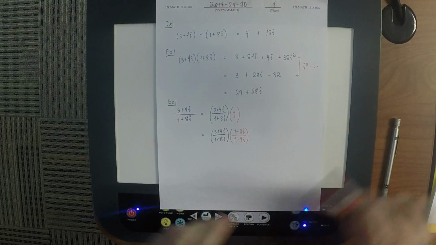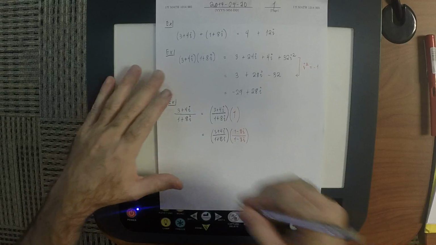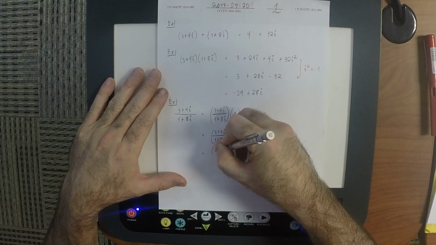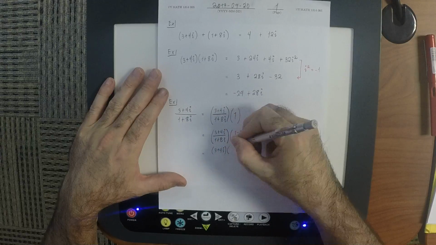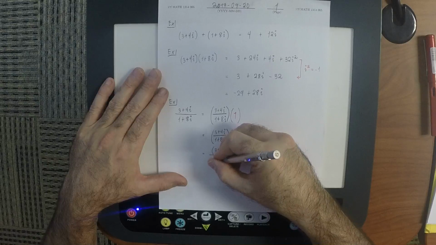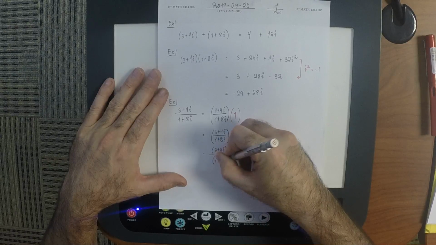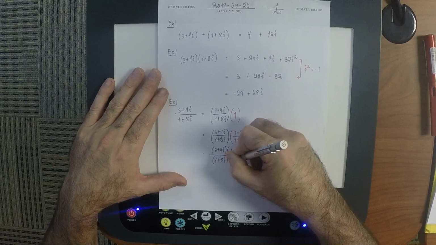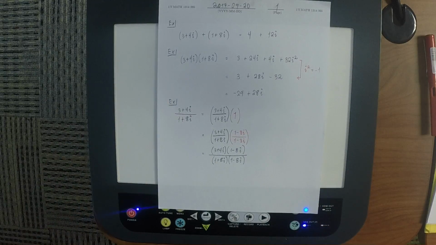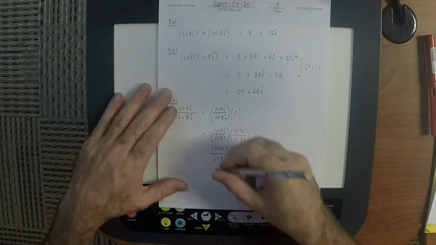Okay, so now let's carry this out and see what results. That is to say that the numerator should be 3 plus 4i multiplied by 1 minus 8i. And then the denominator will be 1 plus 8i multiplied by 1 minus 8i. Okay, so I'll do the numerator.